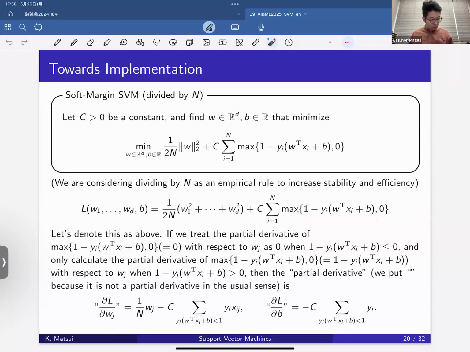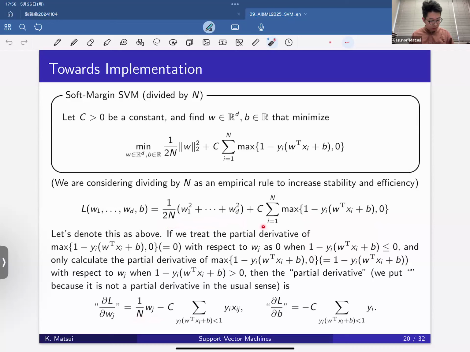When we calculate the partial derivative, strictly speaking, it's the partial derivative under the rule from earlier, but for the first part, the squared part, we can just differentiate it directly. So this part becomes this part.